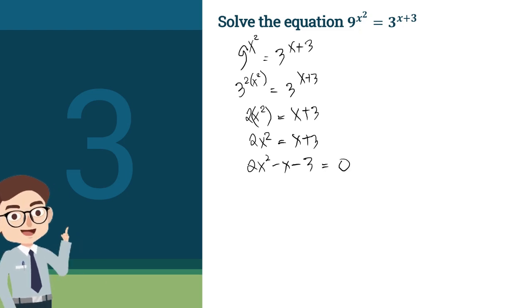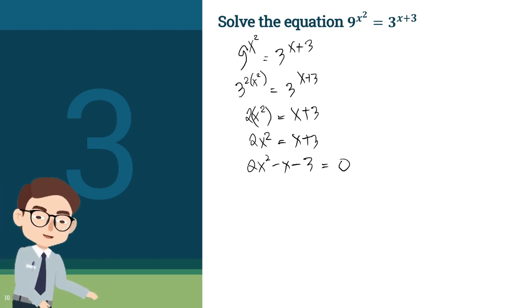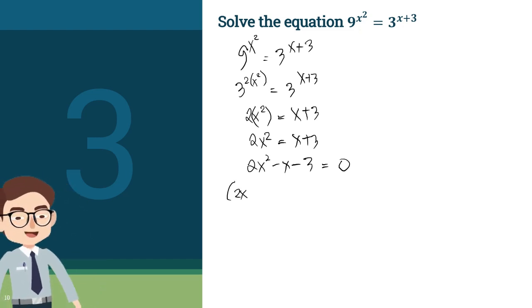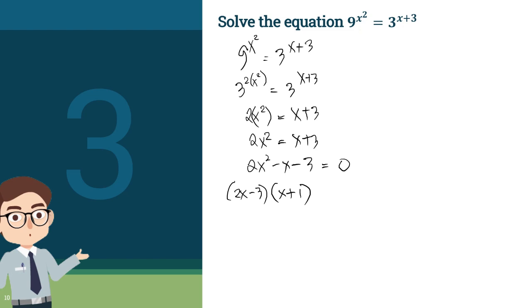Okay, 2x squared minus x minus 3 can be factored, and the factors are 2x minus 3 multiplied to x plus 1. Okay, that is a factor of 2x squared minus x minus 3.